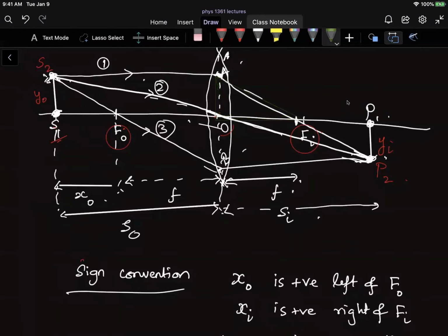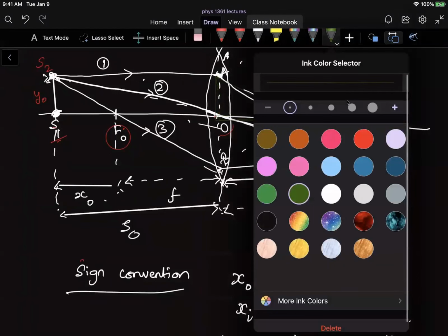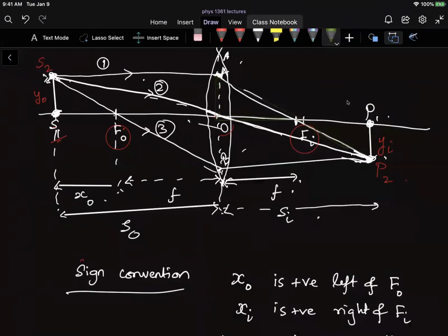And the triangle which is over here, maybe I should make this a little thicker so that you can see it better. These two triangles, which are highlighted in green.